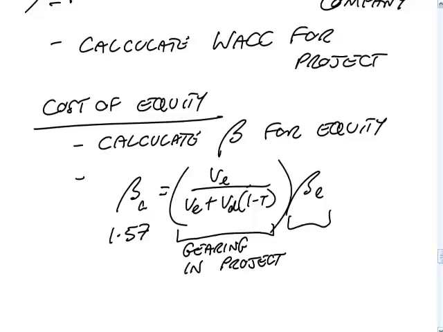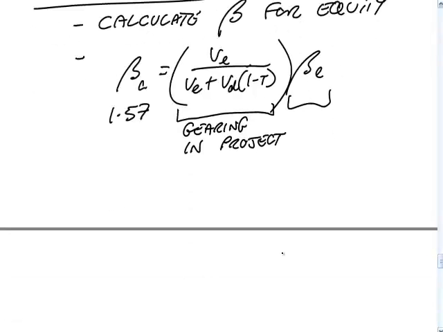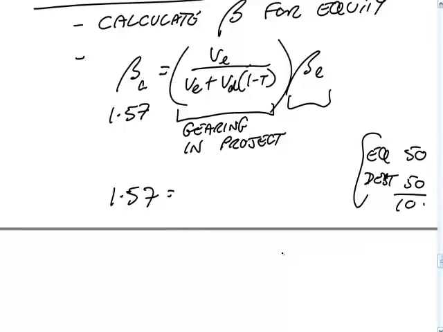All right? Sensible, Natalia? And now, of course, it's back to formula work. But again, clearly, be very careful what you're putting where. This time we know beta asset, the ungeared beta is 1.57. The gearing we're using is the project. Well, it's equity 50, debt 50. It's the ratio we're going to need.